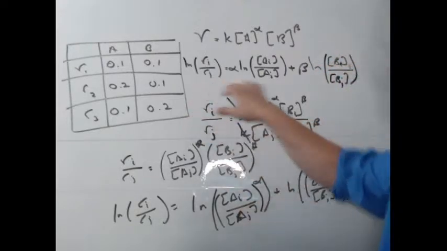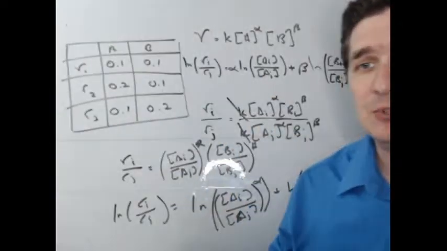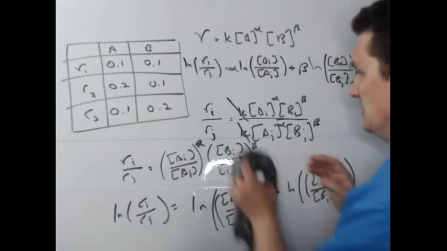And so this formula here is what we exploit with the method of initial rates. If we keep two concentrations constant, I'm going to get rid of this algebra down here.